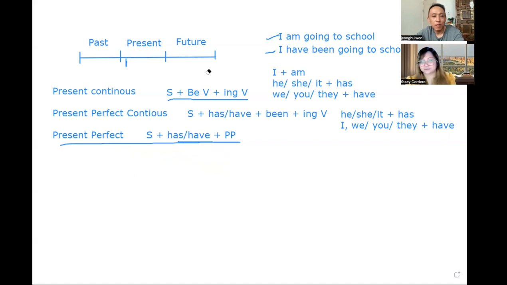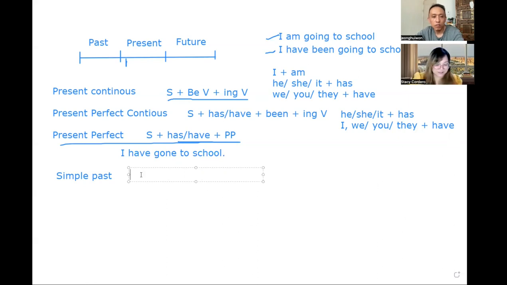Now, next, the last one is where the exciting part is, when we compare the four of them. The last one is simple past. I know we have already talked about simple past, but this is very beneficial for this part.